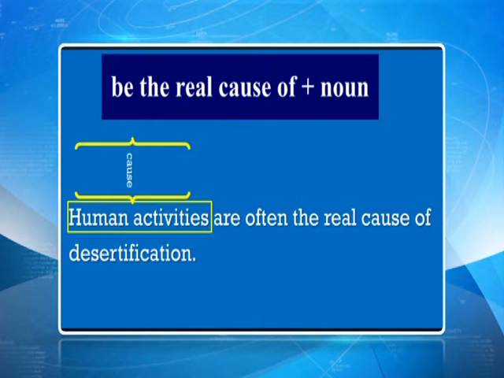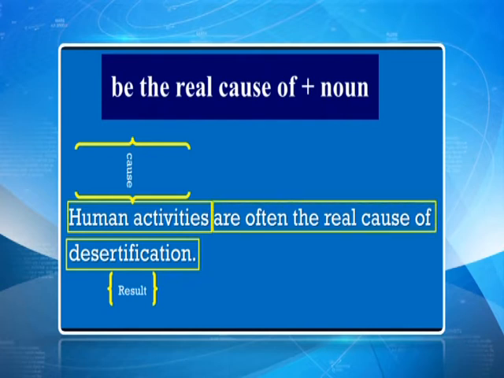And by human activities, we mean overgrazing or overcultivation of the land. So human activities caused something or resulted in something. Desertification. That's the result. Excellent. What expression is used in this sentence to link the cause with the result? Are often the real cause of.